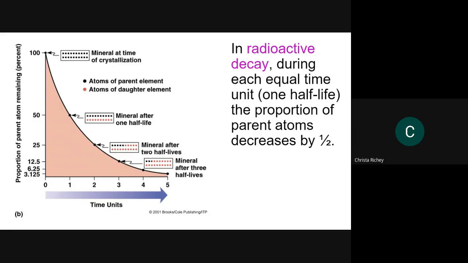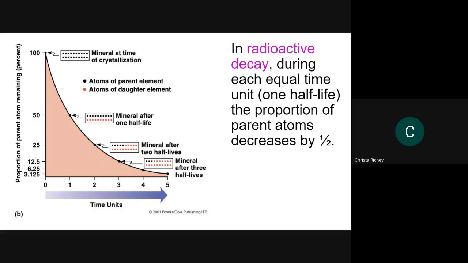At literally 50%, you've had one half-life. So you only have 50% left. If you go to a second half-life, there's only half of that left over, which is half of 50, is 25%.